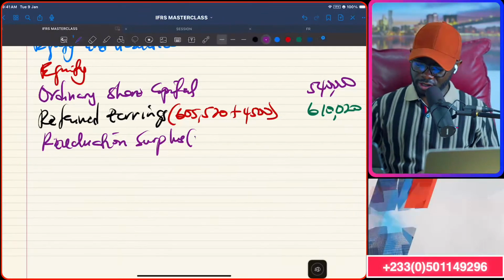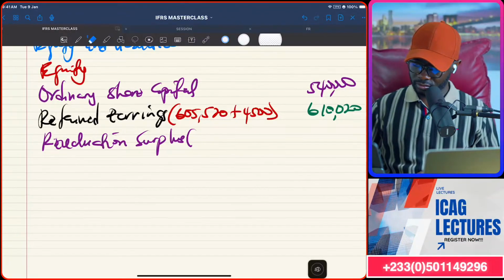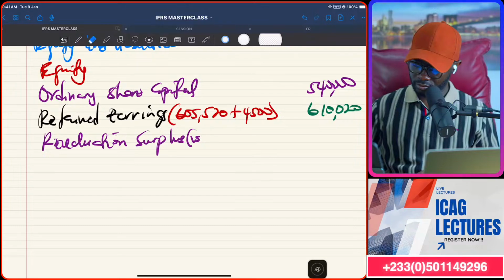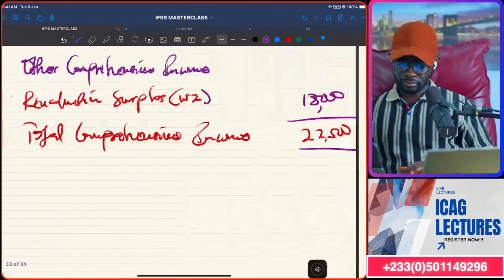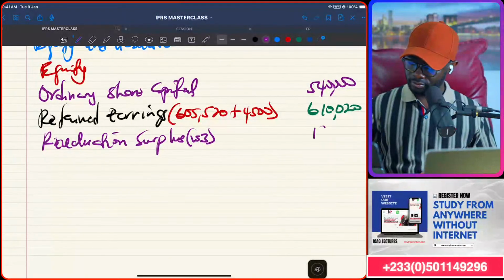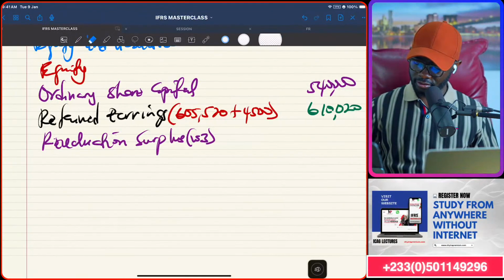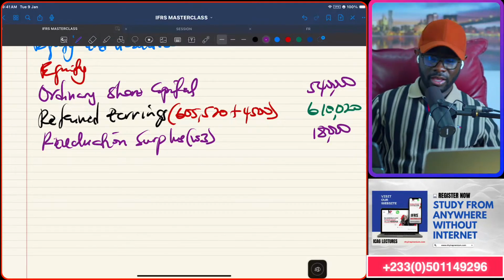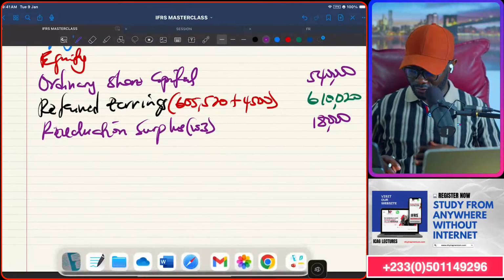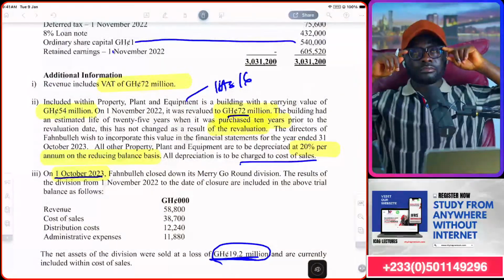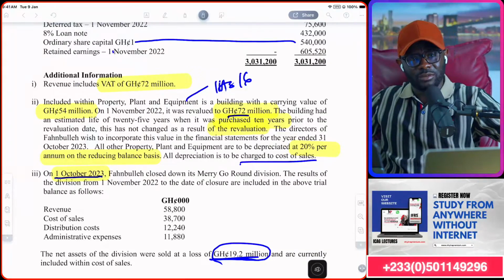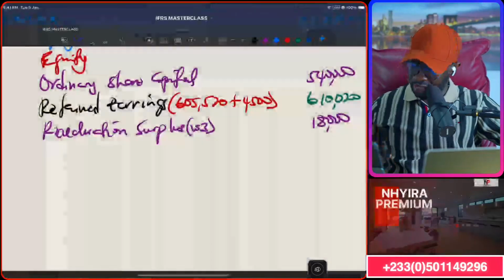So revaluation surplus, the 18,000. That's it about that. There were no other elements of equity, like convertible loan note and others in the context of this question.